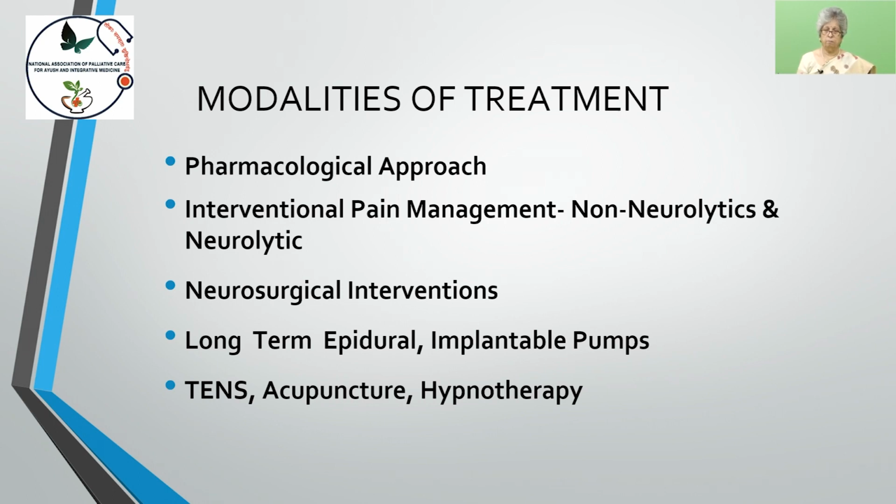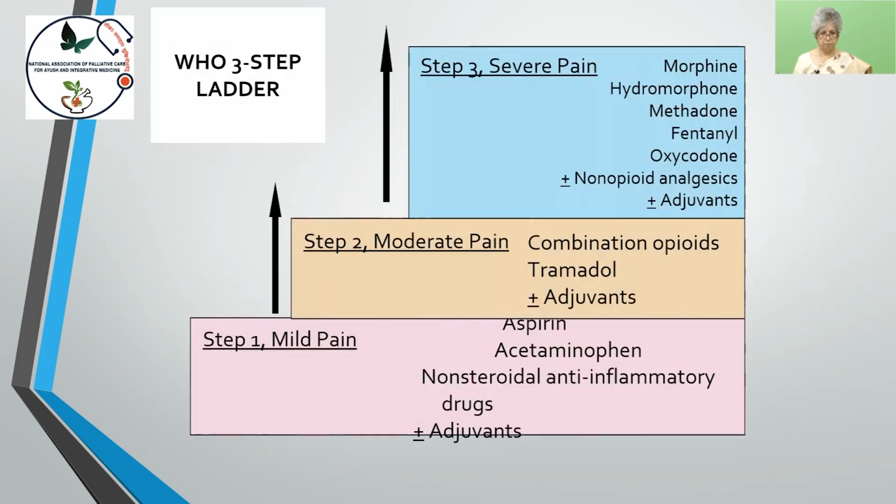So, with long term epidural injections, or by putting a pump over there with medicine in that pump, the patient can get pain relief. There are a few other techniques by which a cancer patient can get relief: TENS, acupuncture or hypnotherapy.